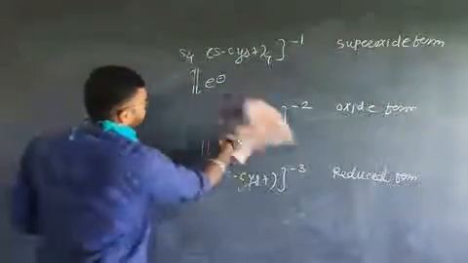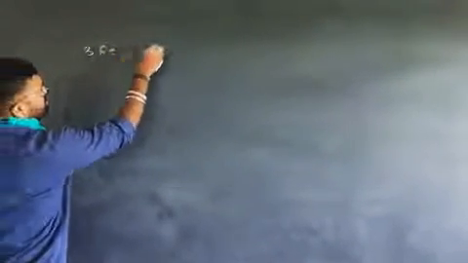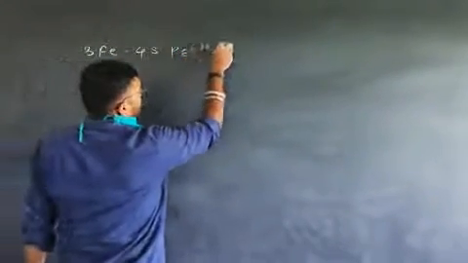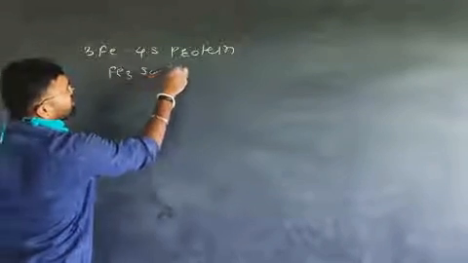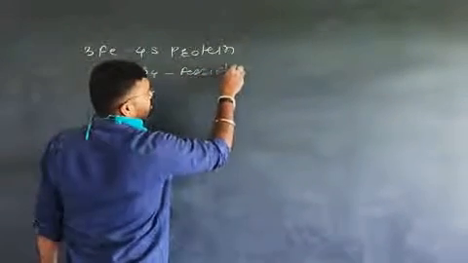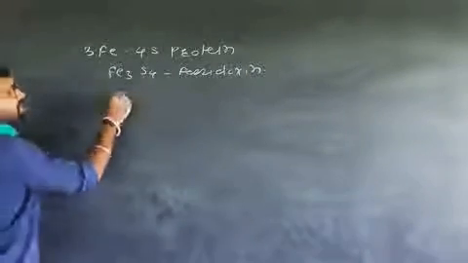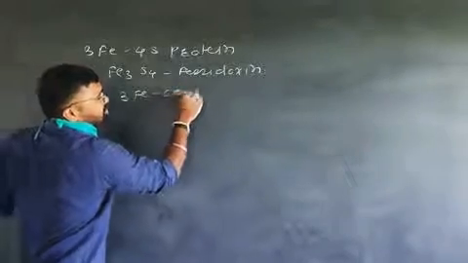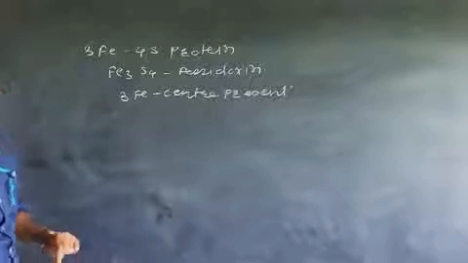Now the next, the 3Fe 4S protein. What are the features of this structure? This is also called Fe3S4 ferredoxin. 3 Fe centers are present.